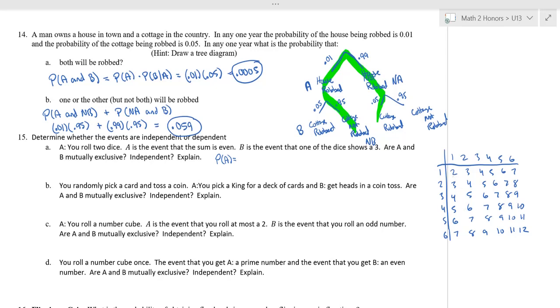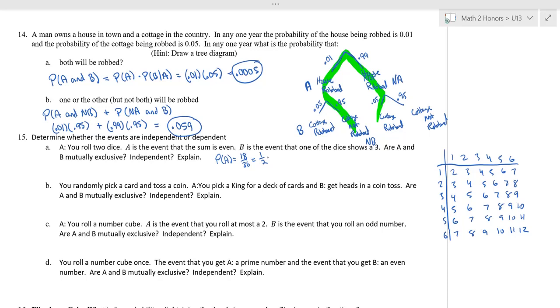So you got 1, 2, you got 3 4s, you got 5 6s, 5 8s, 3 10s, and 1 12. So 5, 6, 7, 8, 9, 18 out of 36. So half of the sums are even, half are odd.